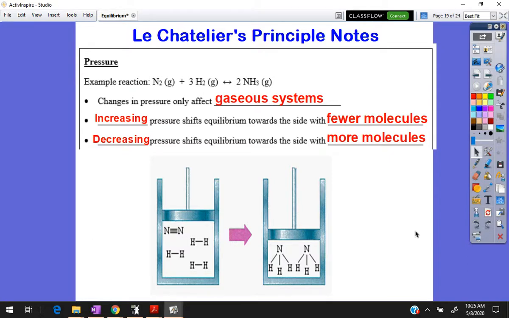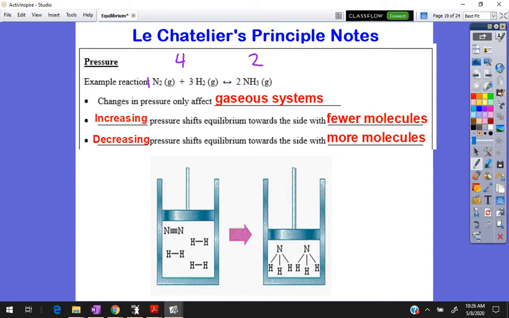If there's an increase in collisions, that means the side of the reaction that has more moles of gas will have more collisions, and therefore the rate of that reaction will increase. Here, I've got 4 total moles of gas, 1 mole of N2 and 3 moles of H2.